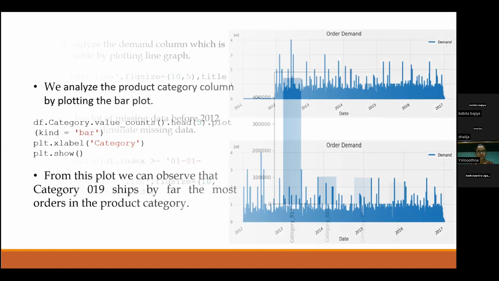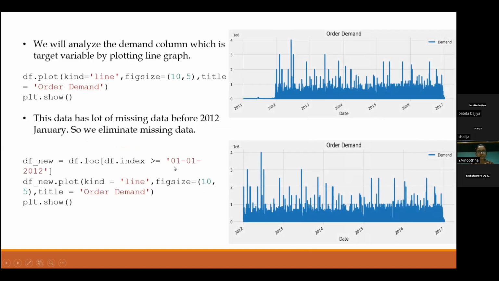And now coming to the target variable, which is the demand. Here I have plotted the line graph for the demand column. The data is recorded from 2011 to 2017. As we observe, some data between January 2011 and January 2012 is missing.